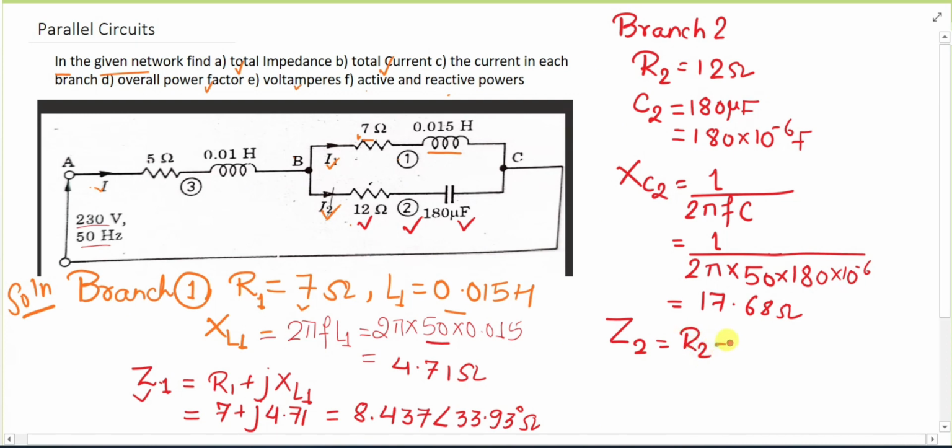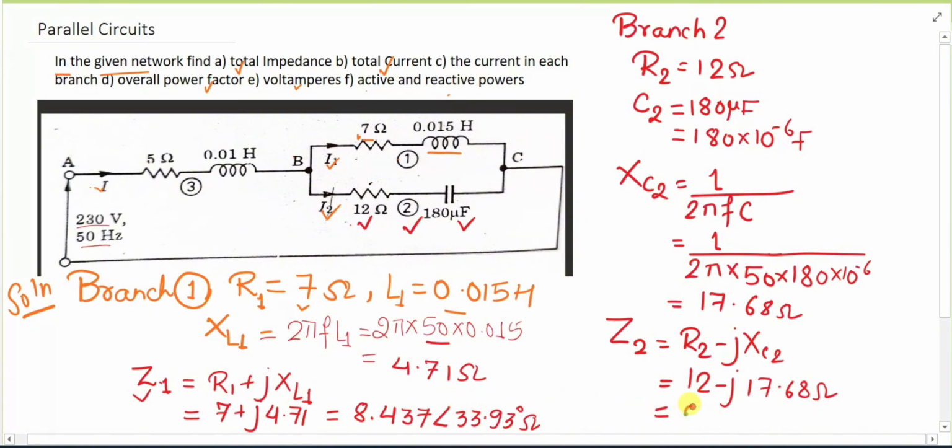So R2 minus jXC2. Now your R2 is 12 minus j17.68 ohm. After identifying them, what you can do is convert them again into angular form.